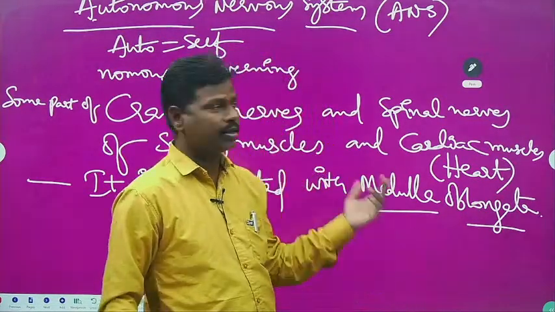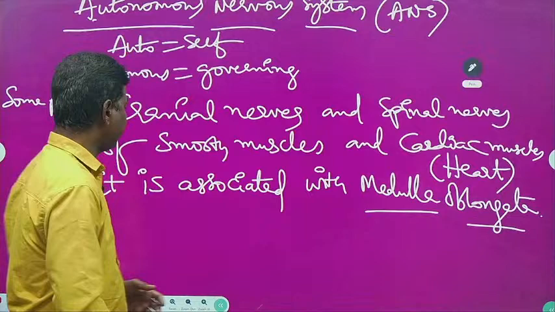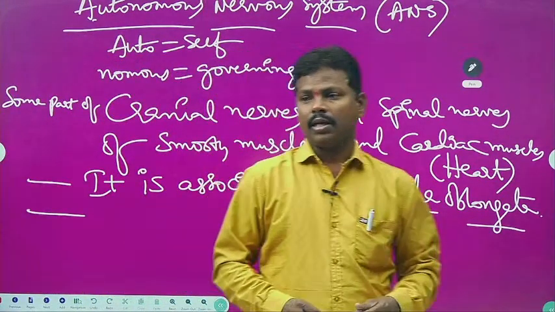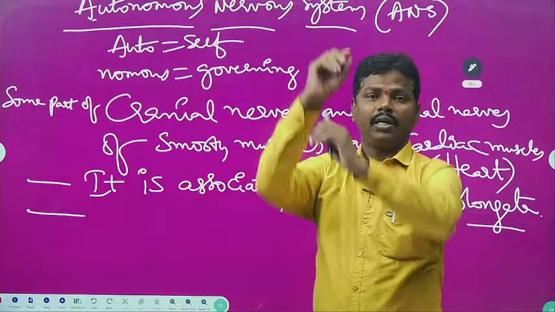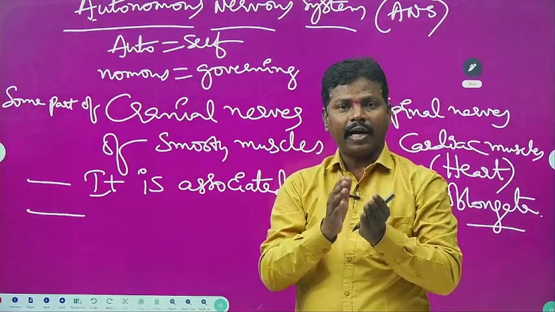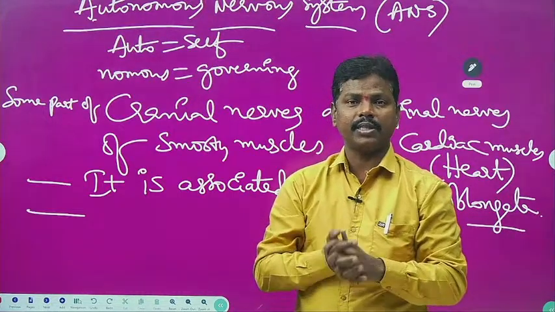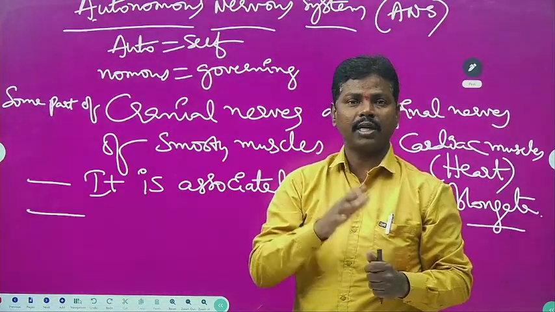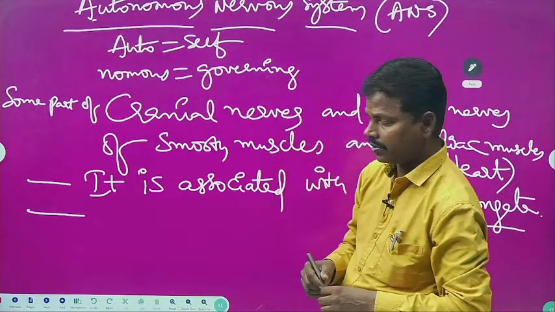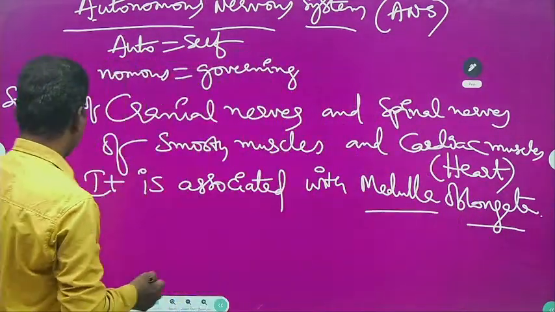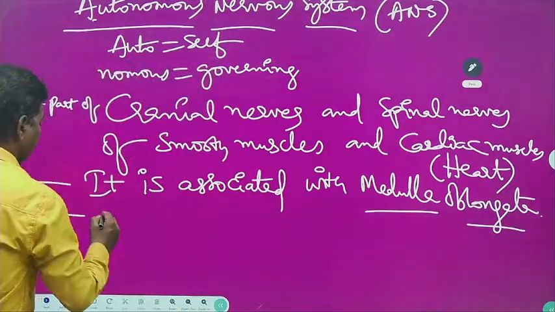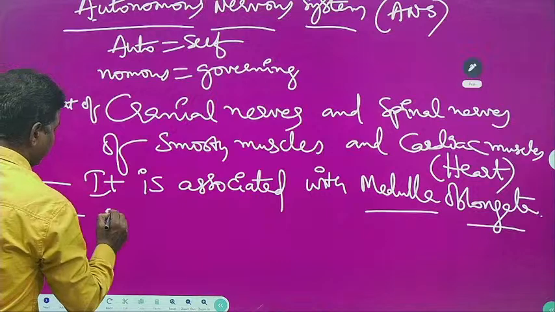So autonomous nervous system is divided into voluntary and involuntary nervous system. This voluntary nervous system is also called sympathetic nervous system, and involuntary is called parasympathetic nervous system. Autonomous nervous system is divided into two types: parasympathetic and sympathetic nervous system.